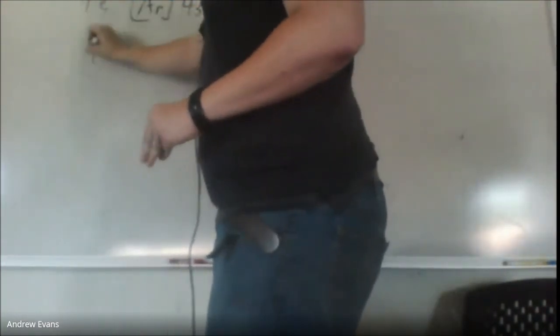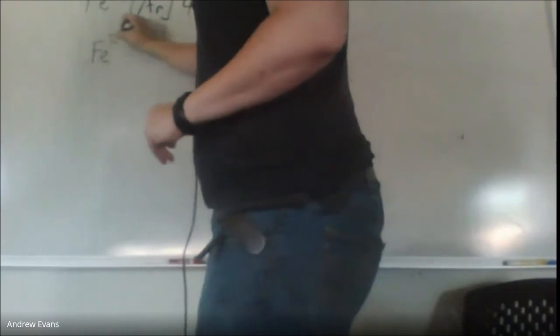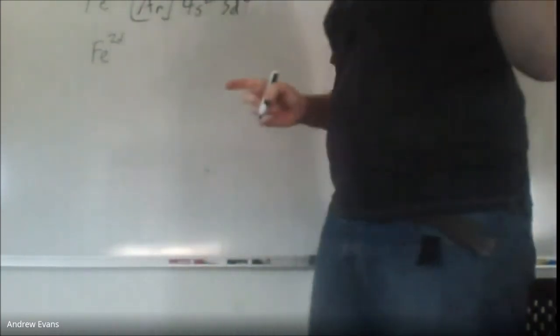So iron would be argon 4s2 3d6. This is iron. So for iron 2 plus, we first attack the P.